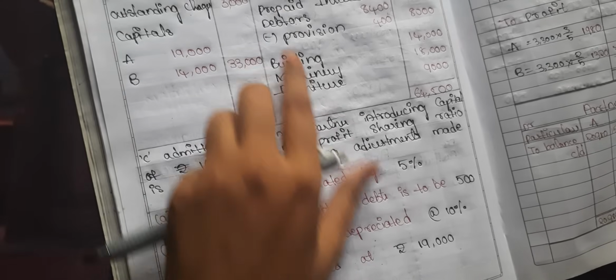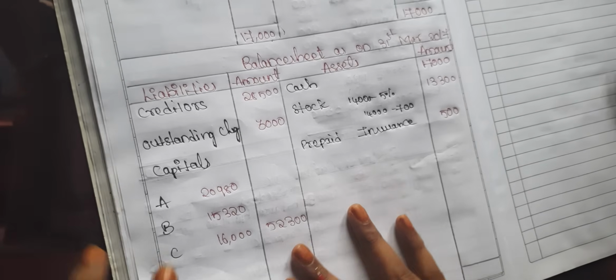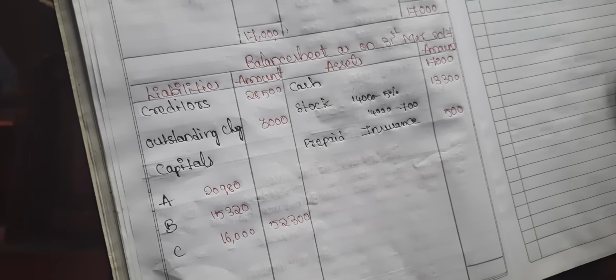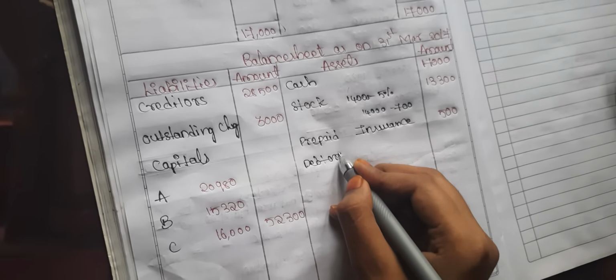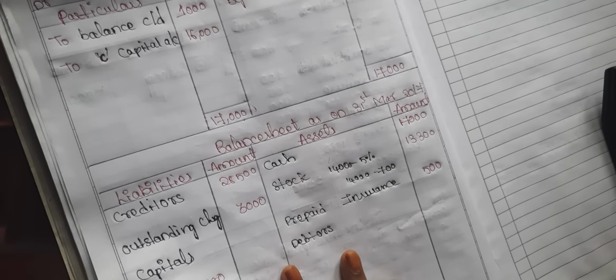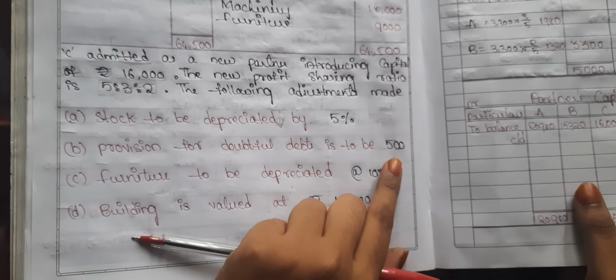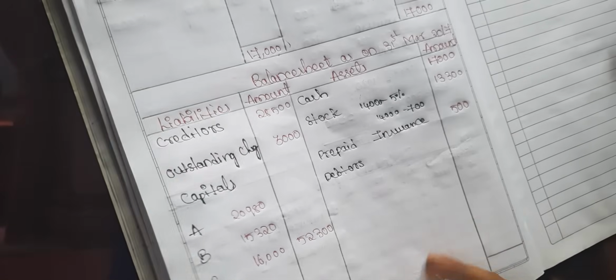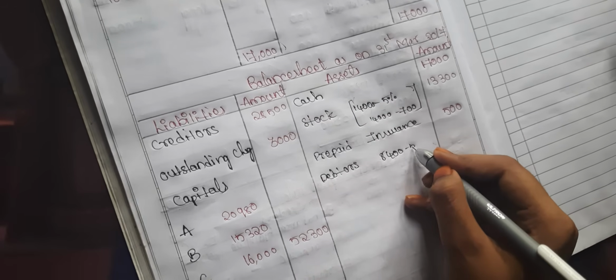Then it is debtors. On debtors a provision has been given, right? So we are going to take the debtors now. For debtors it is 8,400 minus 500, because this much amount was given to the other party but 500 is less in it, so we need to do minus, right? 8,400 minus 500.